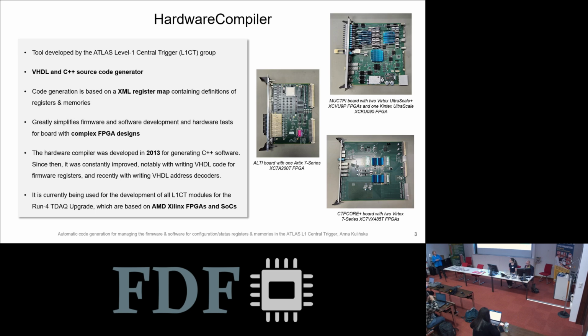The tool was originally created only as a software generator, but after we could experience how nice the idea is, it was also extended to VHDL code generation. And the tool is under constant improvement. Recently, we added a very interesting functionality, which is address decoder code generation.